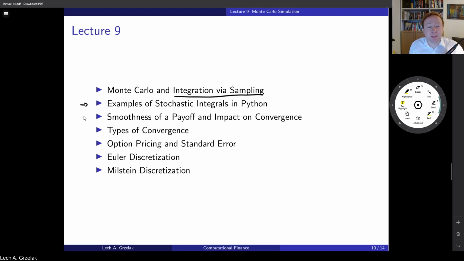We also discussed here the impact of smoothness of the payoff, or in general, smoothness of the function that we would like to approximate using Monte Carlo, and how the smoothness impacts the convergence. What is the impact of whether the function is smooth or of a digital type, and how we can see the convergence. Can we actually improve the convergence by increasing the number of paths and time steps or not?